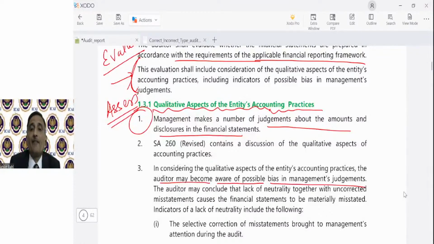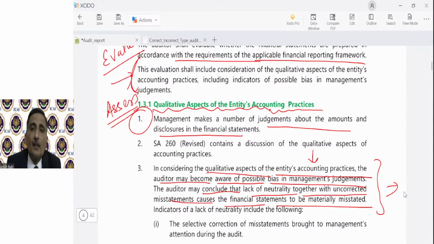The auditor may find, say, that the accounting policy pertaining to valuation of inventories is not proper. So the auditor may conclude that lack of neutrality together with uncorrected misstatement causes the financial statements to be materially misstated.